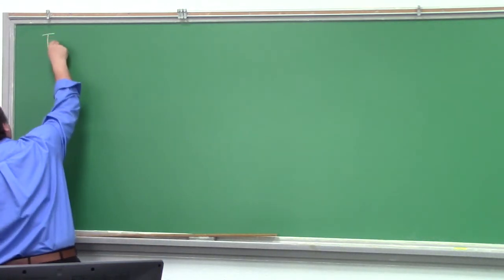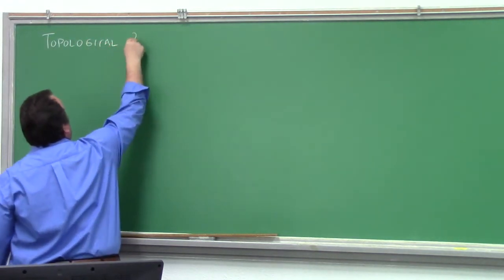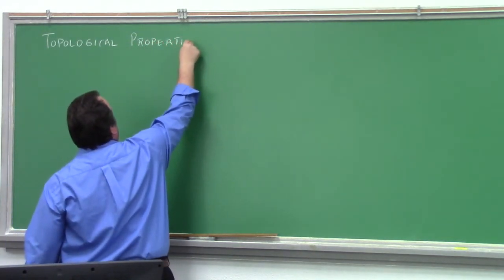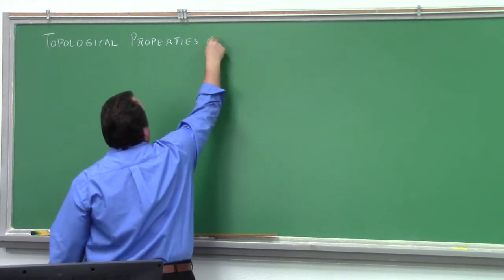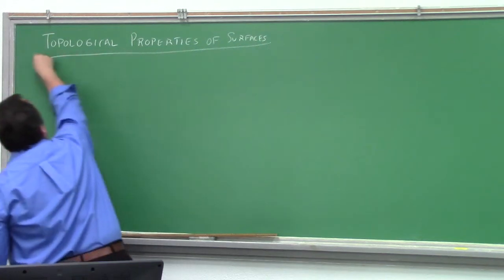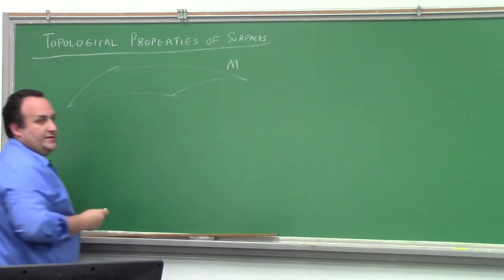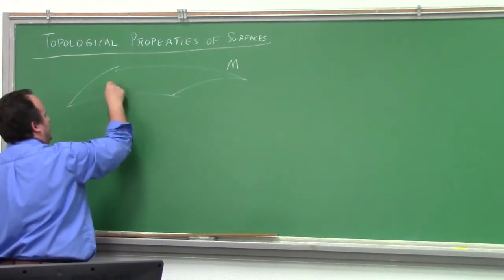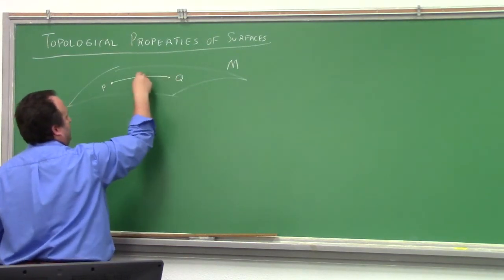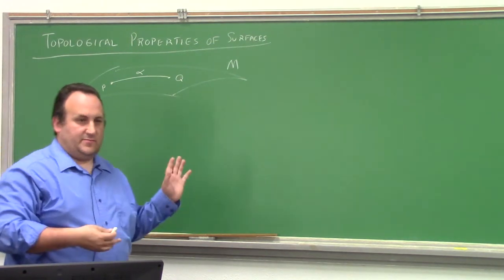So I'll just write a few things here. I'll try not to prove anything, although there are some proofs in this section. All right, so first of all, here's M. It's connected if you can take a point P and a point Q, and there's some curve segment alpha which starts at P and ends at Q, right?